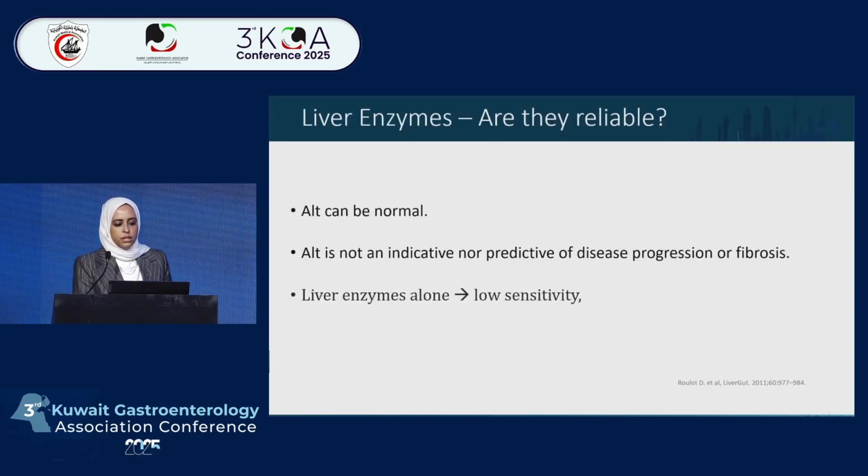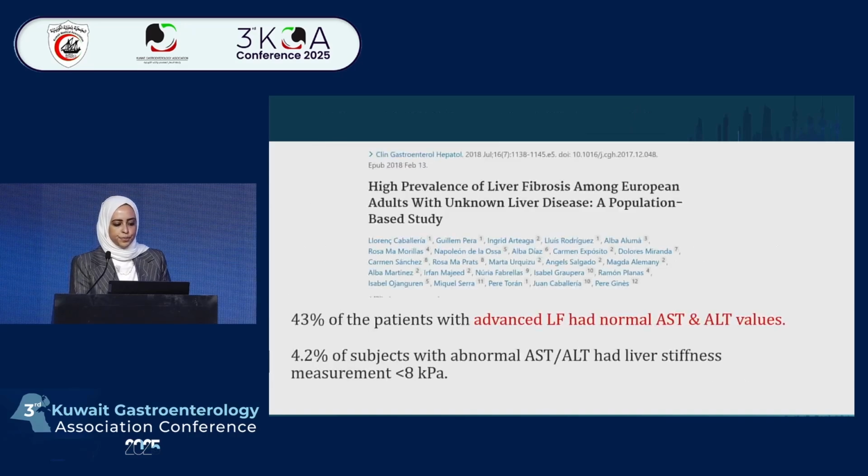So can we use liver enzymes as a way to monitor chronic liver disease? No. ALT can be normal. ALT is not indicative nor predictive of disease progression or fibrosis. The liver enzymes alone have a low sensitivity.